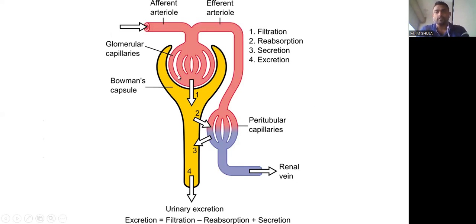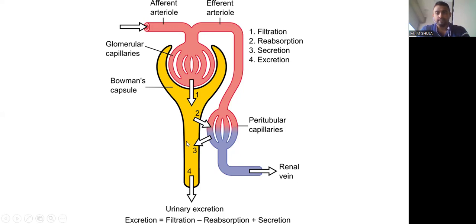If you remember your physiology, this is your blood vessel, these are your peritubular capillaries, and from the glomeruli into the Bowman capsule, filtration happens. From the peritubular capillaries into the tubule, active secretion happens. From the tubule into the capillaries, reabsorption happens.